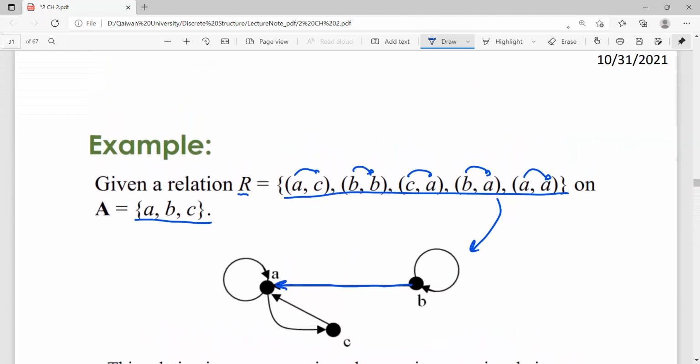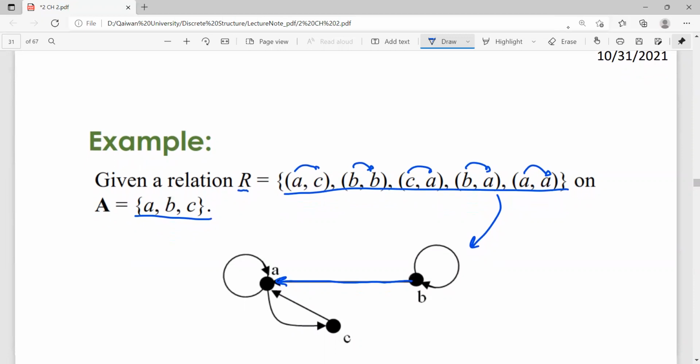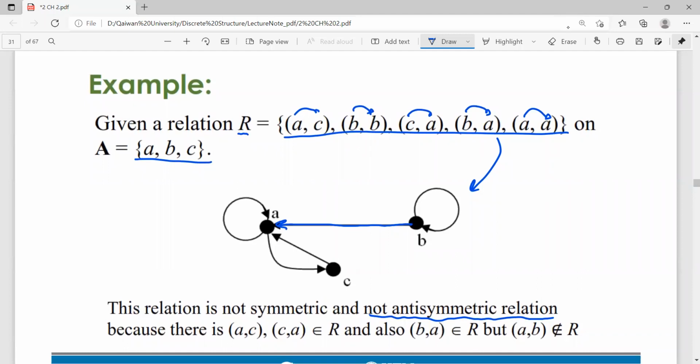We say a relation is not symmetric and also not anti-symmetric if there is at least one one-way arrow in the diagram. For anti-symmetric, we must have no two-way arrows at all, but here we have these two-way arrows.